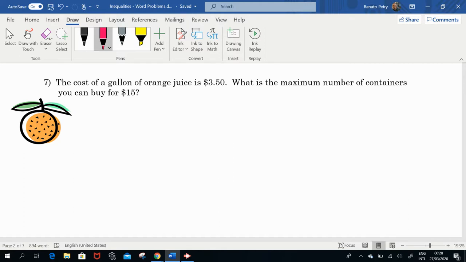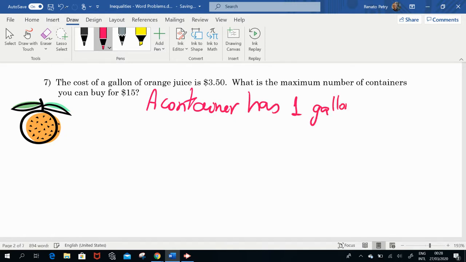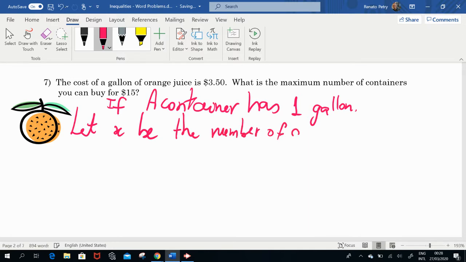First, I am assuming that a container has 1 gallon. So if a container has 1 gallon, let x be the number of gallons.